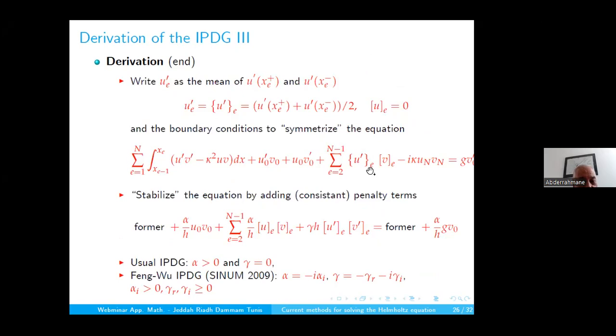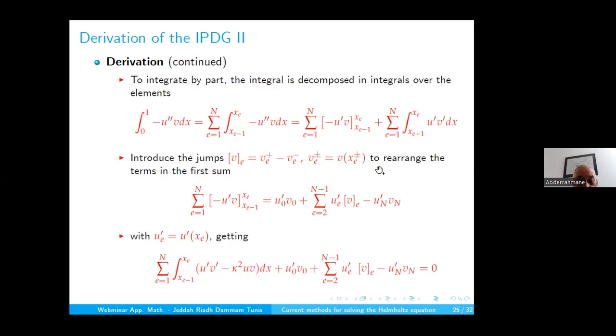Okay, so I go faster. It is just integration by parts, the main integration by parts, and you rearrange the terms in the first term and write them in this way. So you get this equation.